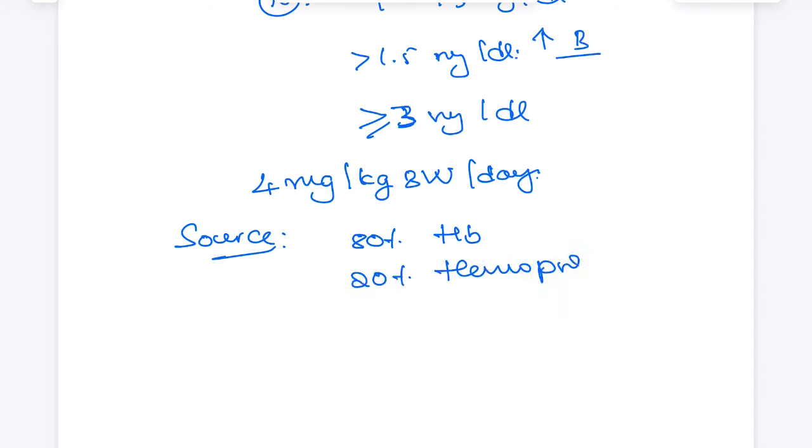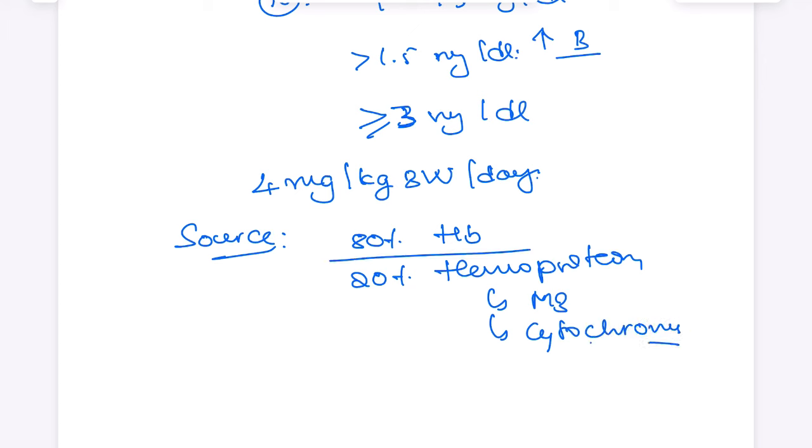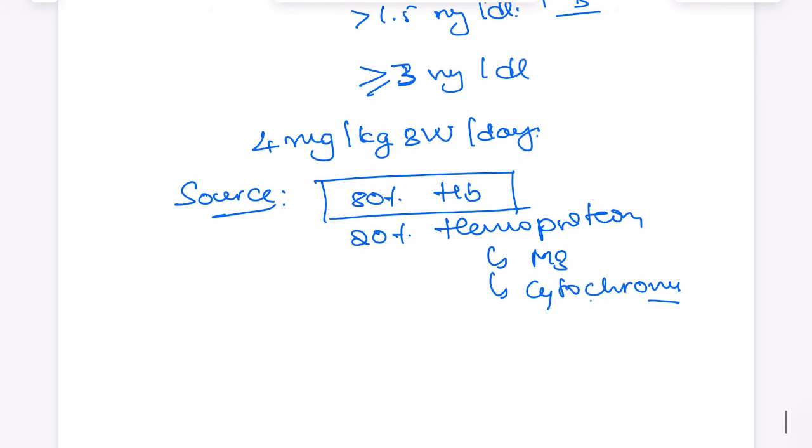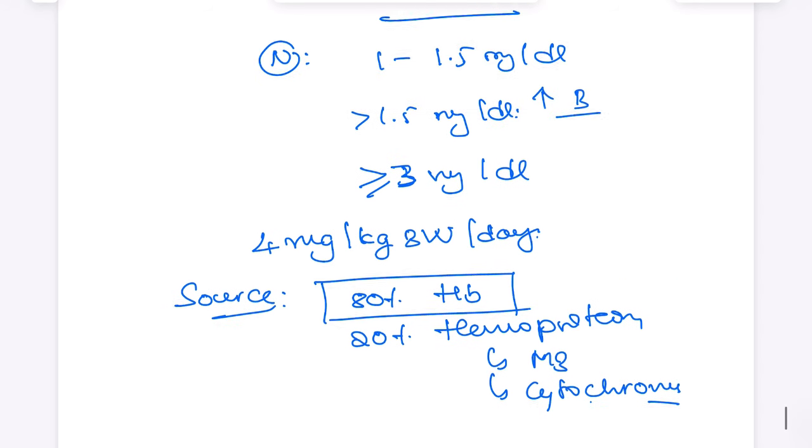What are these hemoproteins? These are your myoglobin and cytochromes, which contain heme. So the major source is breakdown of senescent RBCs, that is from metabolism of heme from hemoglobin. So this is about bilirubin.